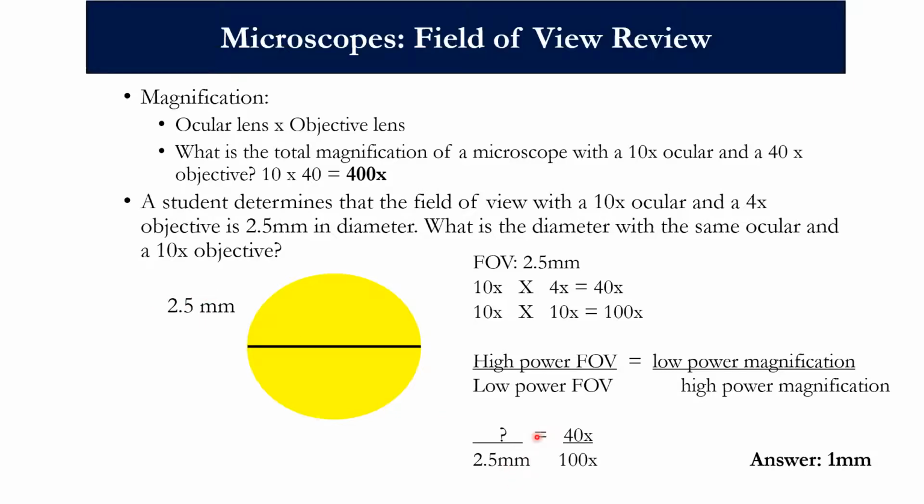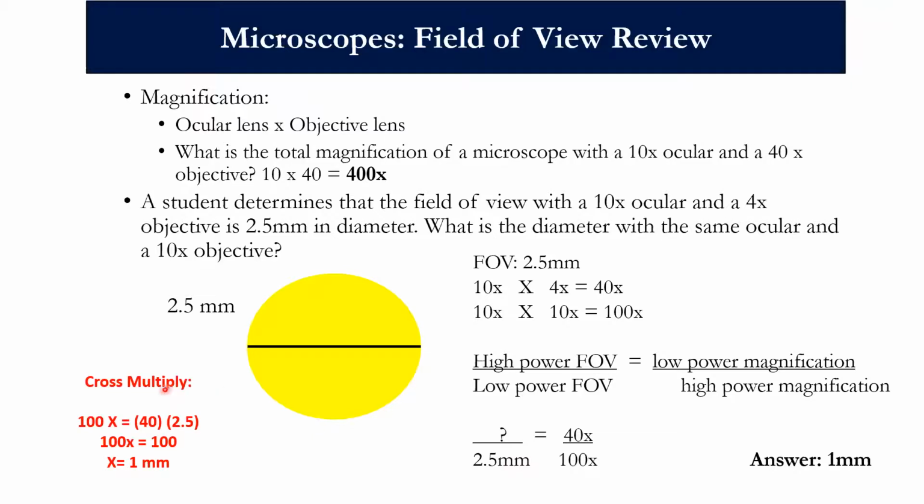This equals our low power magnification, which is 40x. So at 40x, our specimen is 2.5 millimeters in diameter. And what we want to figure out is our high power magnification and what the diameter is at our high power magnification, which is 100x in this example.